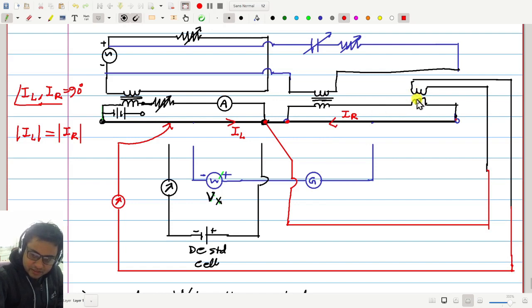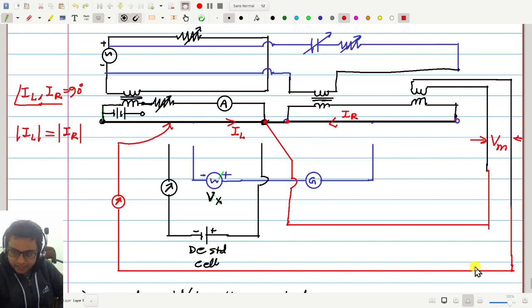Then, if this voltage we call Vm, what is the phase angle relation between Vm and IR? Can anyone say? Yes, 90 degrees.